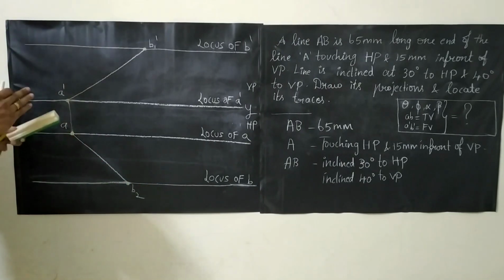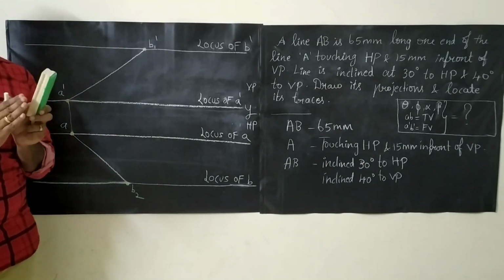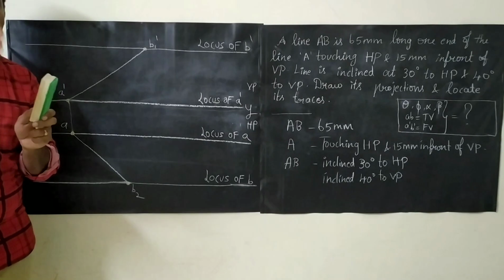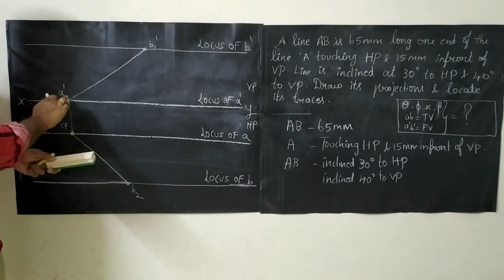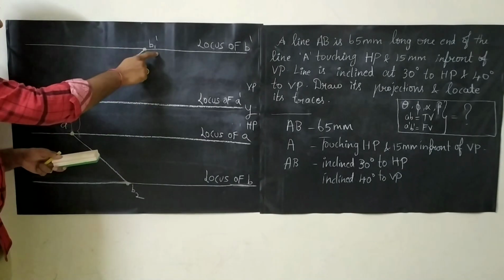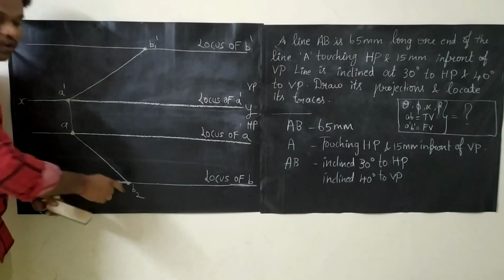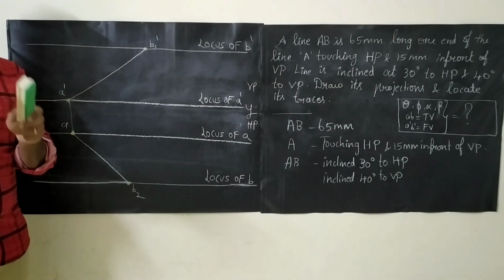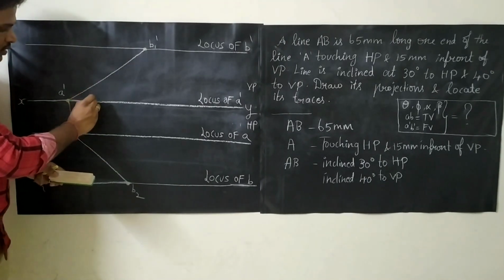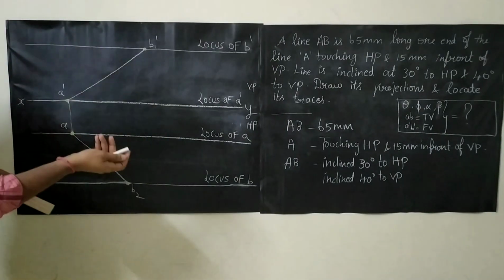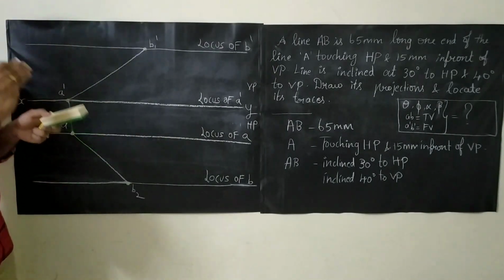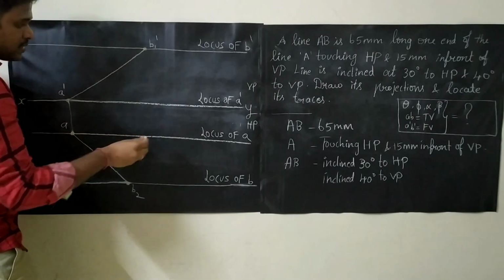Next thing is, always try to remember that you will be extending only your true length. So we have got true length, right? A dash B1 dash and A B2 is the true length. The length is 65 mm, and here the angle is 30 degree and here the angle is 40 degree. Now extend this line.